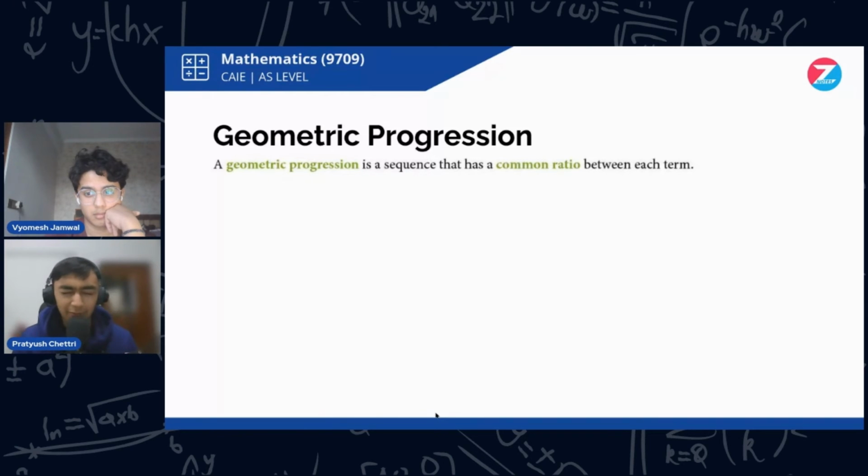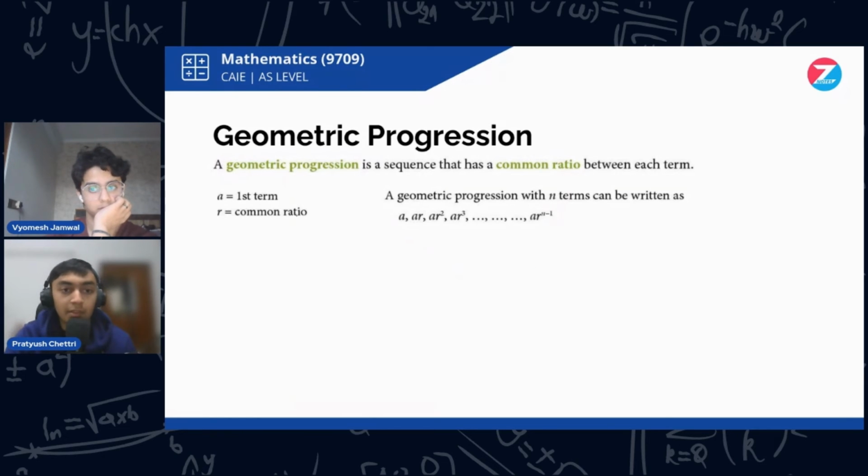Where arithmetic had a common difference, a geometric progression has a common ratio. This is important. We use similar terminology. A is the first term, but here instead of d we use r because it's a common ratio. We write the first term as a, the second term as ar, and so on.